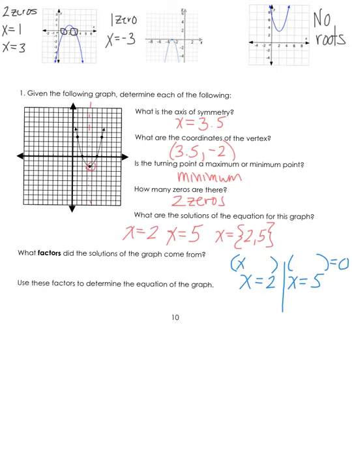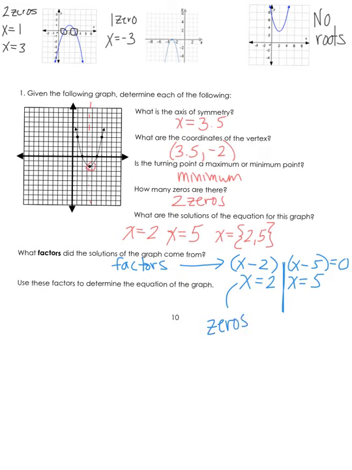This would have been right before we did, sometimes this is called the t-chart. What would have been in the parentheses? An x minus 2. In order for me to get x equals 5, what would have been in the parentheses? An x minus 5. These are the factors. Not to be confused with these, which are the zeros.